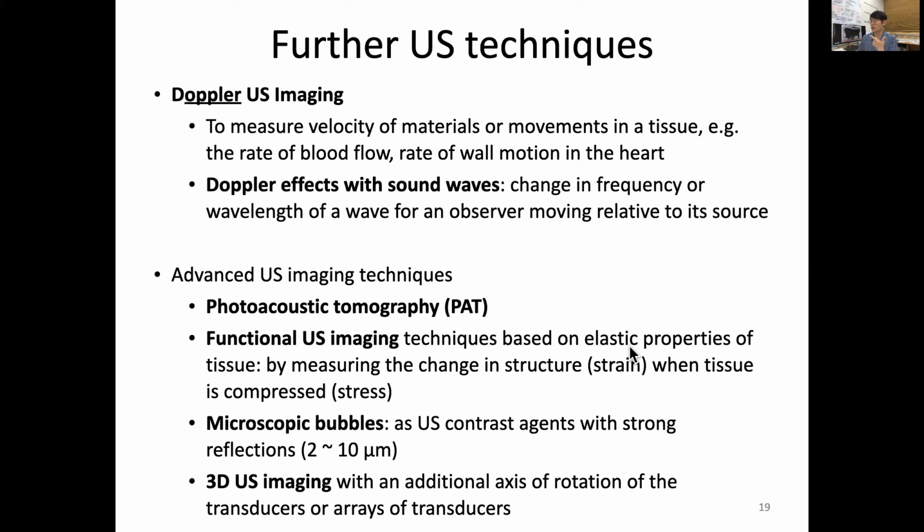Based on the elastic properties of the tissue, we measure the change in structure, which we call strain, when the tissue is compressed or stressed. The strain-stress relationship gives the elasticity, so we can probe that elastic property of the tissue.